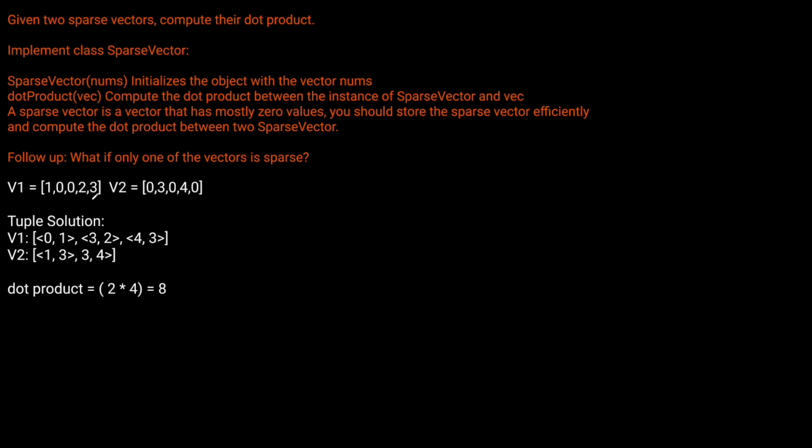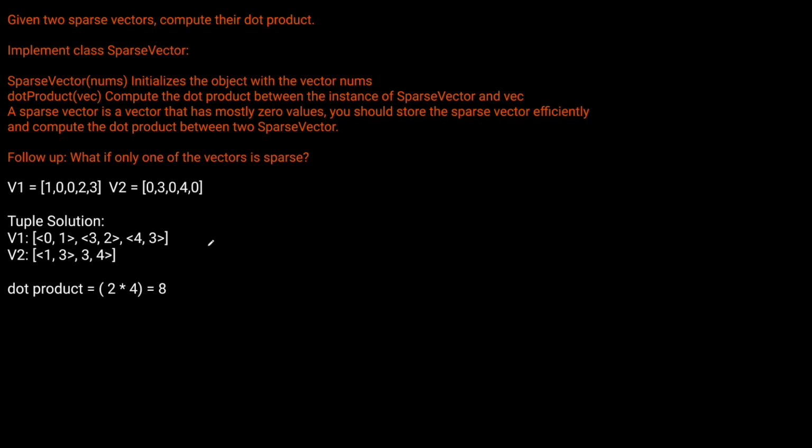No, it's not. Then we get to index 3, which is this 2 here. And we can say, okay, well, this is non-zero, so we'll put it in there. So for index 3, we have 2, and then we keep going. Okay, the value at index 4, is it non-zero? Yes, it's a 3. So we're going to put it into our array here. And this is how we're going to store the sparse vector in the most efficient way possible.